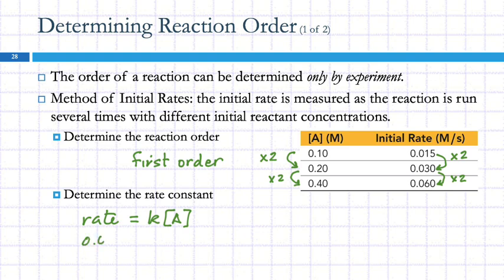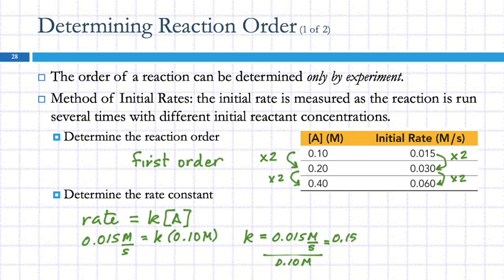So the rate is 0.015 molarity per second equal to k times 0.10 molar. And so if we rearrange and solve that, we get 0.015 molarity per second divided by 0.10 molar. And I believe that'll give us 0.15.